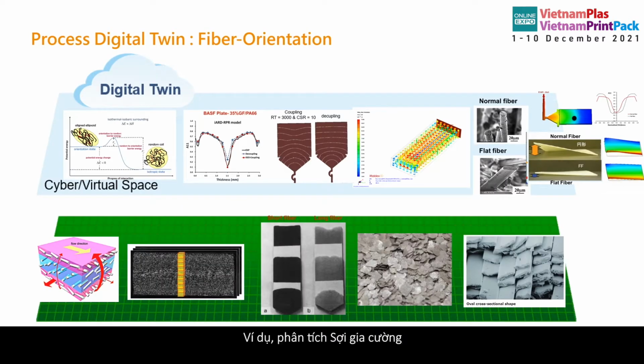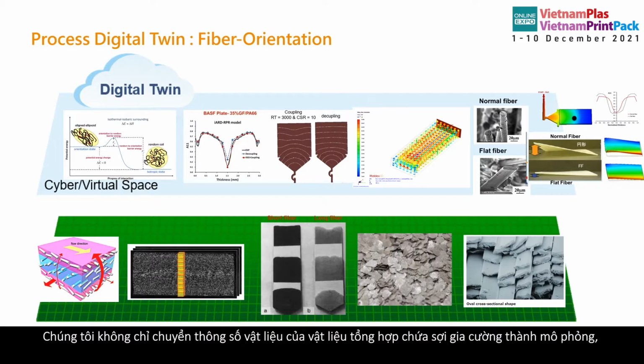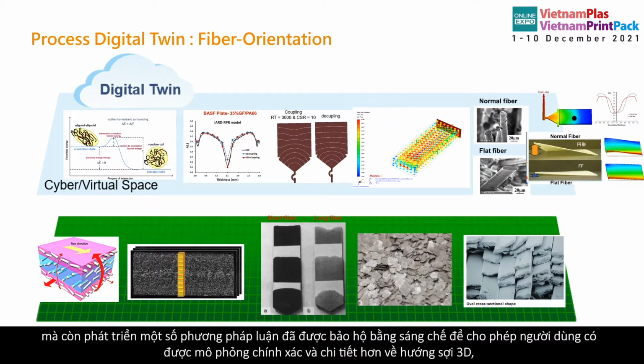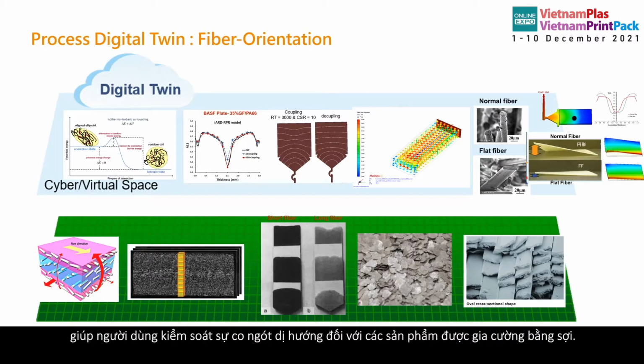For example, fiber analysis. We not only transfer the material parameters of fiber composite material into simulation, but also developed a thorough patent-protected methodology to allow users to get more accurate and detailed simulations of 3D fiber orientation, which helps users control anisotropic shrinkage for fiber reinforced parts.